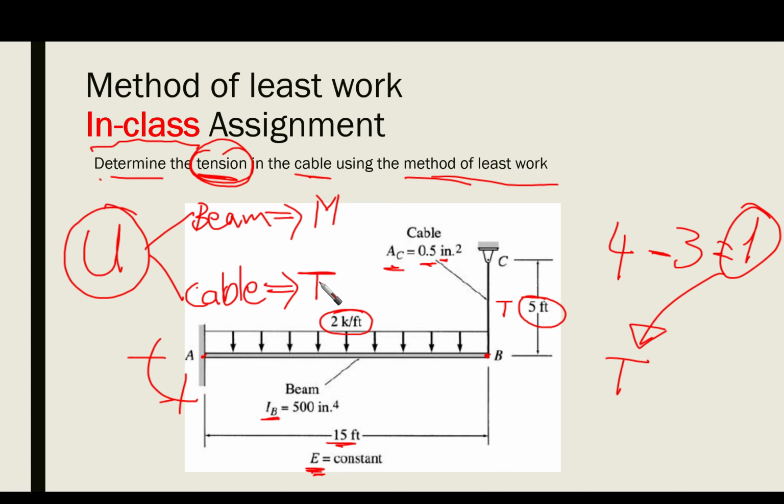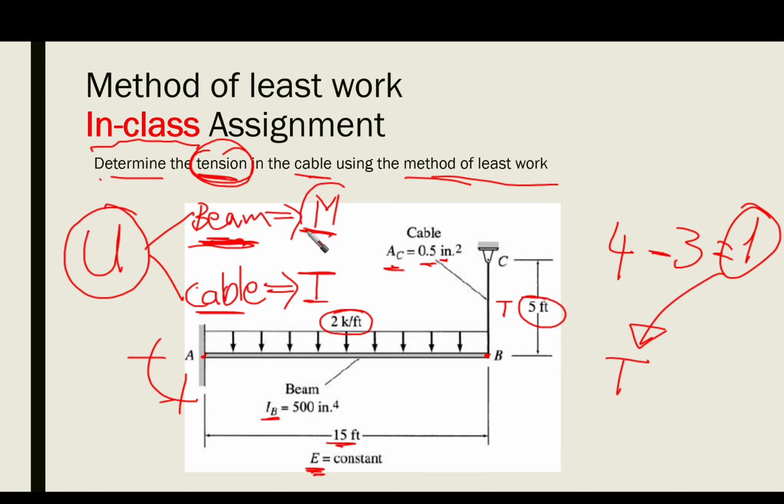The axial straining actions controlled by T, the tension force in this cable. So we have two parts: we have beam, we have cable, we have M, we have T.